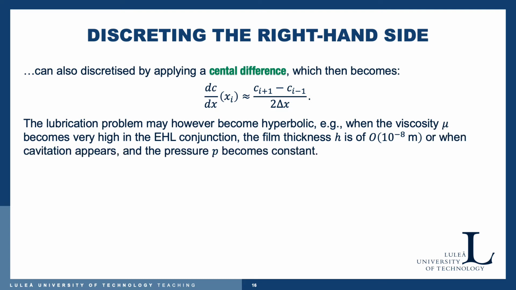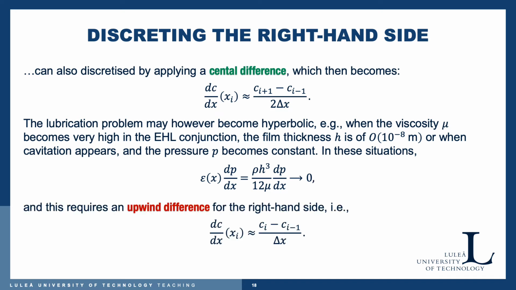Another case is when cavitation appears and the pressure can be assumed to be more or less constant in the cavitated region. Then the pressure derivative disappears there, and the problem becomes hyperbolic due to that. So in both these situations, epsilon times the p_x becomes vanishingly small.